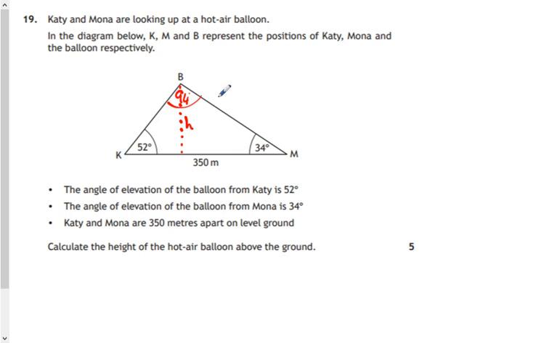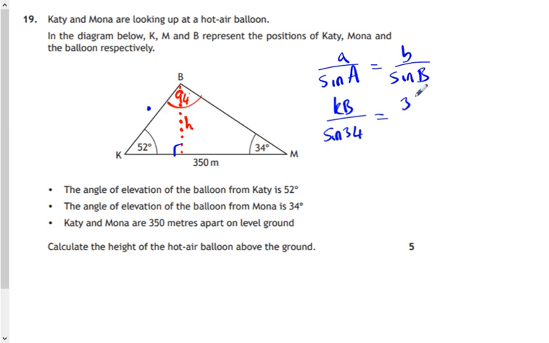So we can use the sine rule, and I'm going to pick this side here, KB. Okay, that's the one I'm going to choose. Because we're then going to use not Pythagoras, we're then going to use SOHCAHTOA to find the height. So to find this one, we know that A over sine A is equal to B over sine B. So I want this one in here. So KB over sine 34 is equal to 350 over sine of 94.